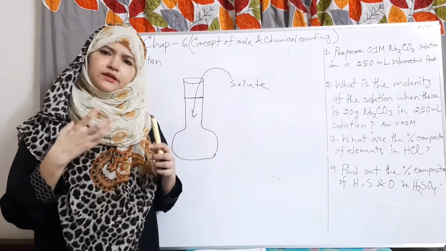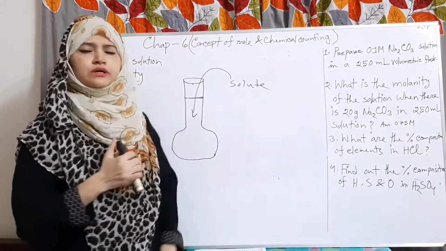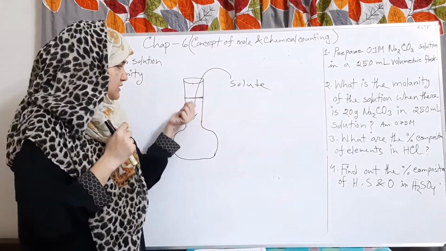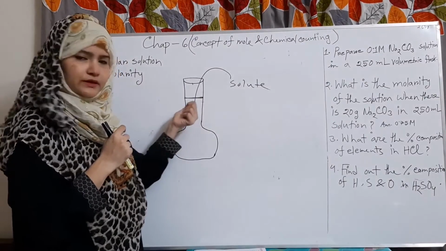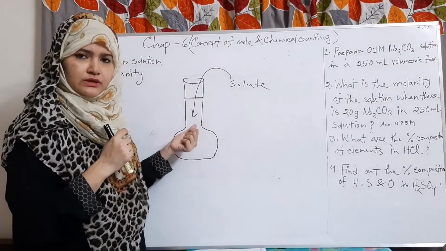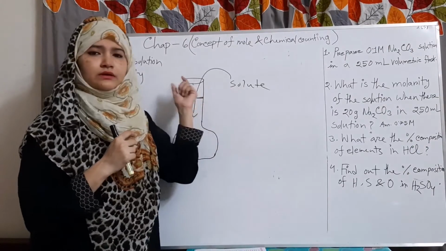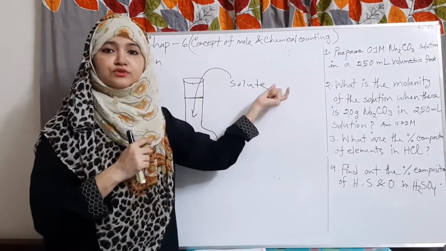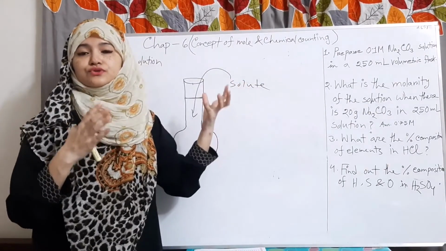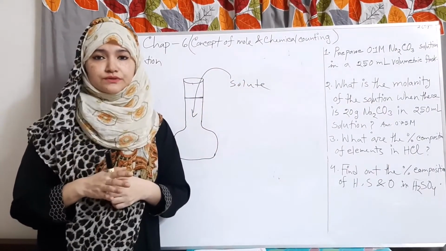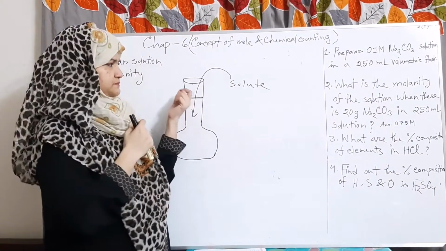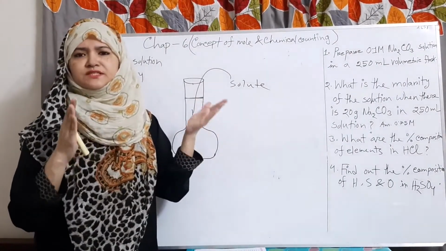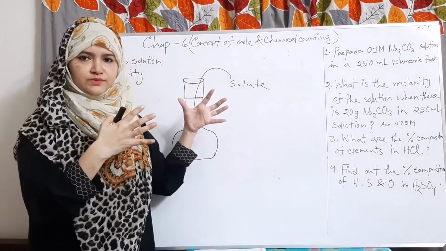And for preparing this molar solution, you have to know some parameters. You have to know the volume of the solution, the mass of the taken amount of solute, and also the molecular mass of the solute. There is a relationship, that means a formula, among these terms.